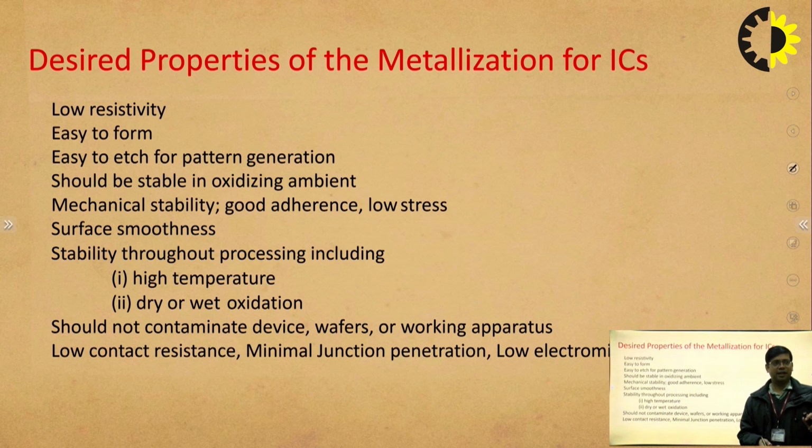So that is a desired property, that it should be stable in different processes. Then another property is that it should not contaminate the devices, wafers or working apparatus, because contamination leads to defects. It should have a low contact resistance, minimal junction penetration, and low electromigration. So all these are the desired properties of metallization for ICs.